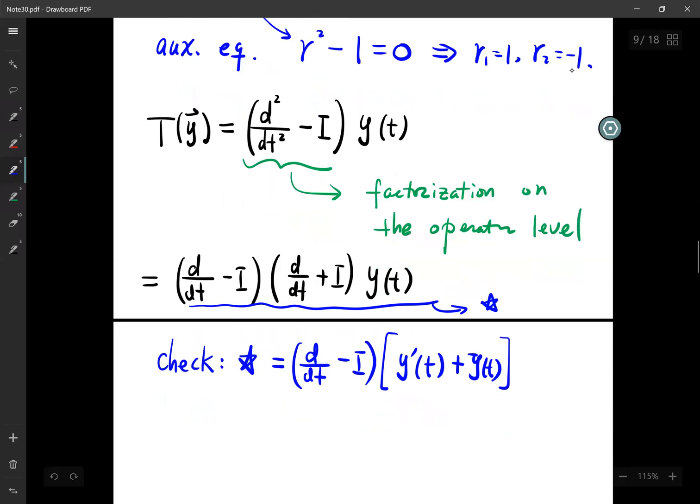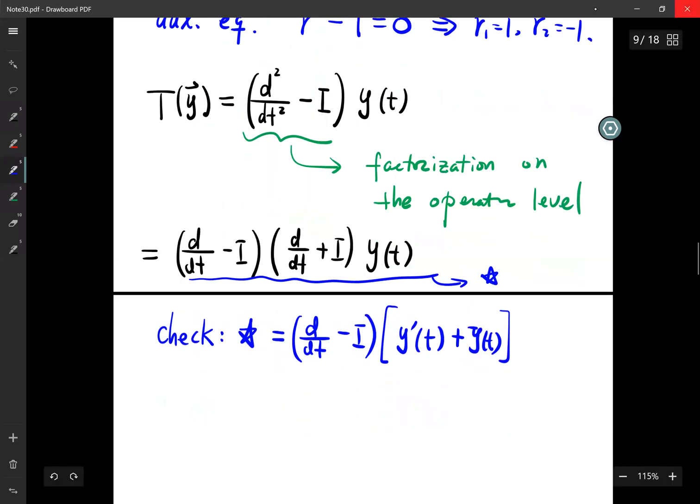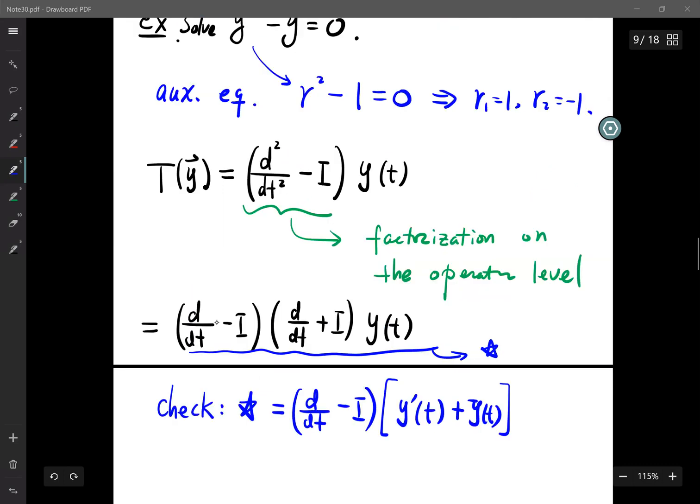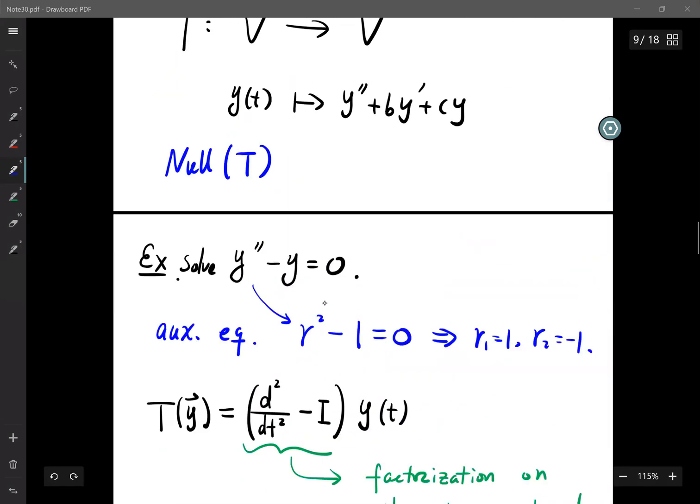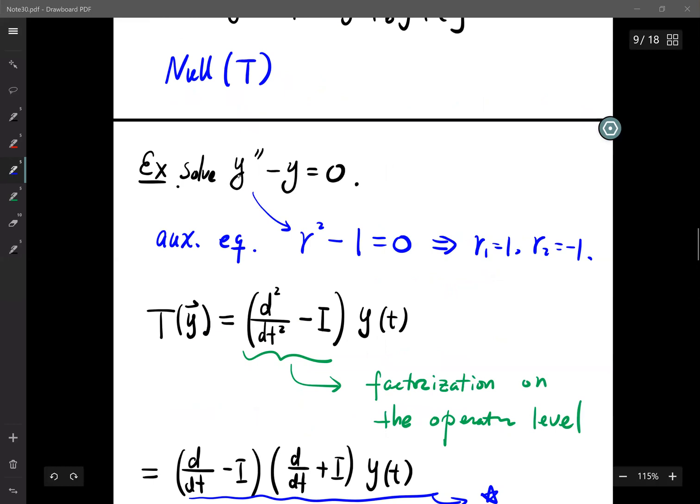Good. Now I have... Sorry, wait, why is I involved? I is the identity. I know, but why is the identity involved in the transformation? Which line? Here or here? The first one. The first one, because T(y) is y double prime minus y, right? Identity applied to y is y. Oh, okay, understood.